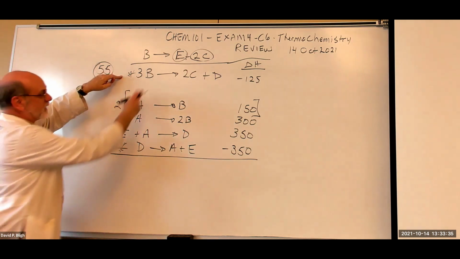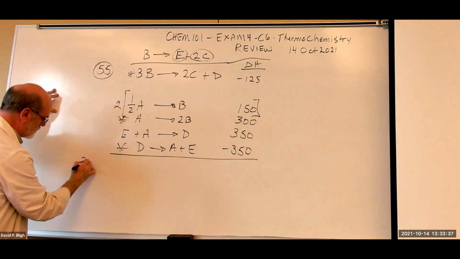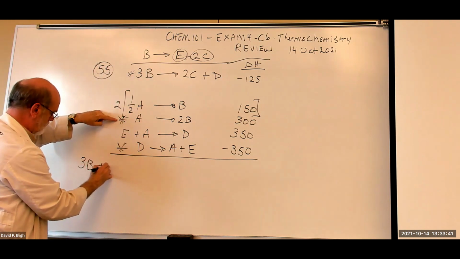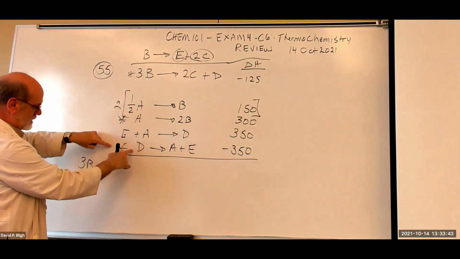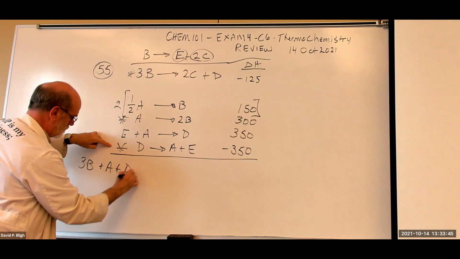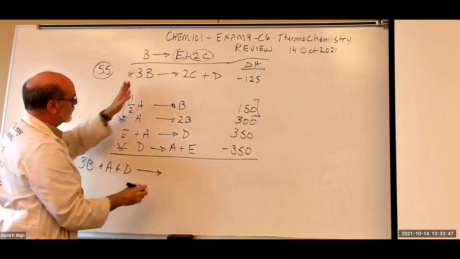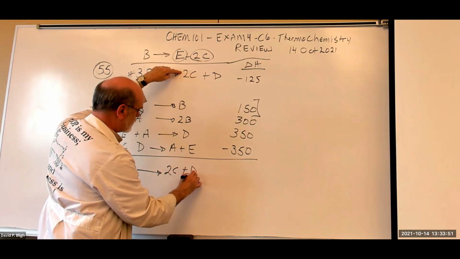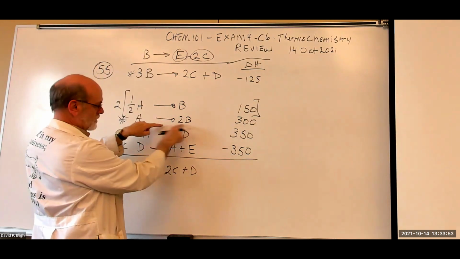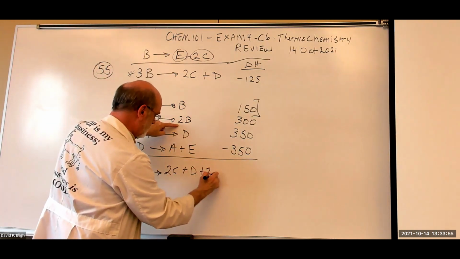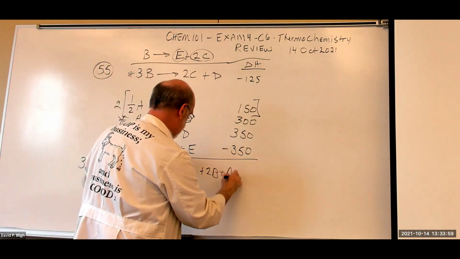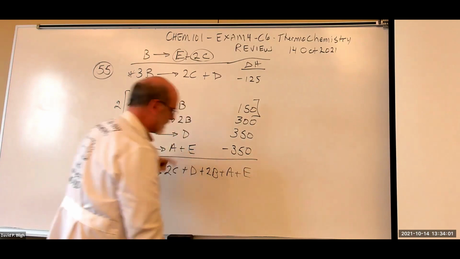Right? So on the left-hand side, we have 3B, and then A, and then D. And we go on the right-hand side, 2C, plus D. And then here, this one is 2B. And this one is A and E.